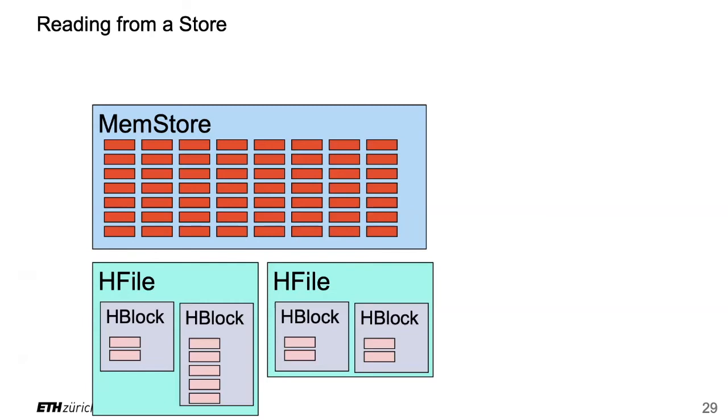So now, how do we read? Well, we read from everywhere. Because if you look for a specific row ID or a specific column family, it could be anywhere. It could be in the H file on the left. It could be in the H file on the right. It could be in the memory and so on. So we just look everywhere.